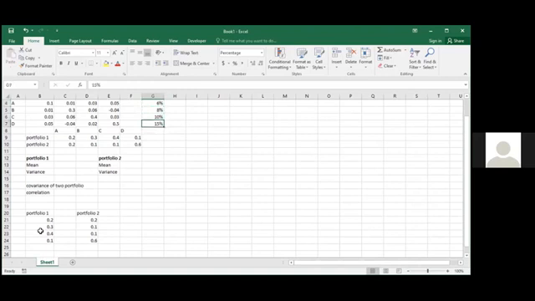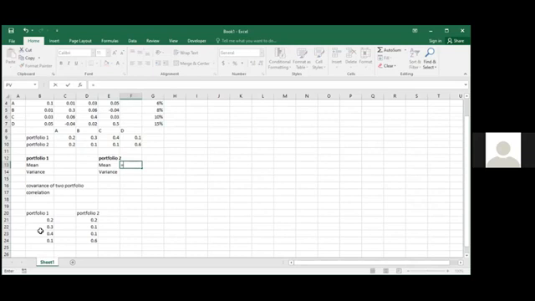Then the proportions are 20%, 30%, 40%, 10%. Now we have to multiply these proportions by these return measures, column values by row values. So in such a case, we have to use the MMULT function.